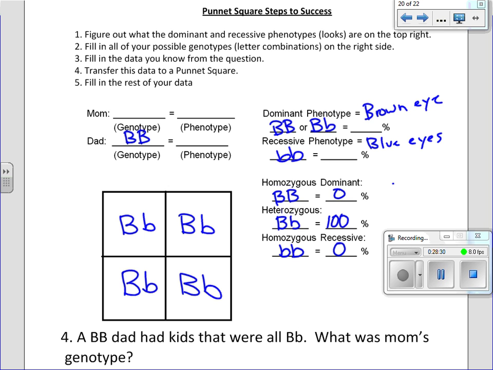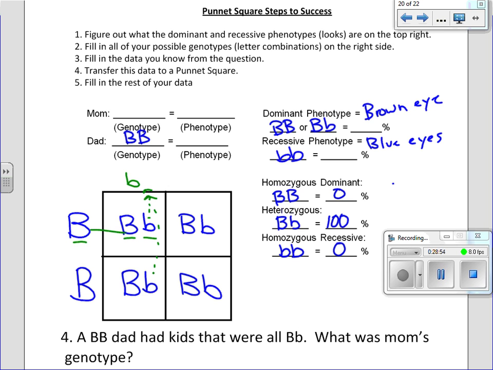Now this is a little tricky because you have to actually work backwards from this. We know that dad has to be big B, so we'll put dad on the side here. And what you need to realize is that in order to get big B, little b, if dad's got the big B, that means that mom must be providing the little b. Now this also works the same right here. And the same thing on the other side.